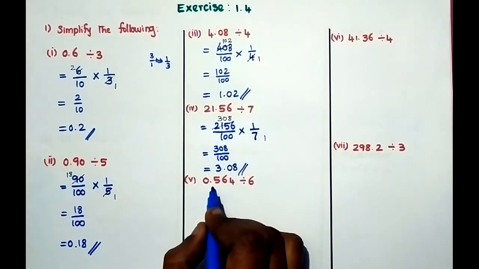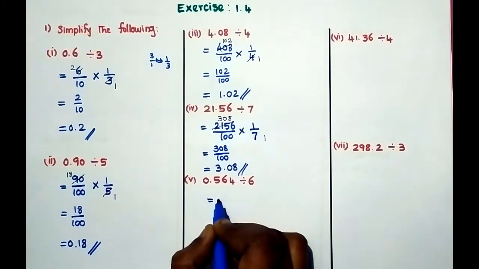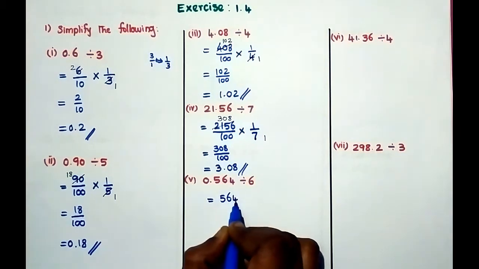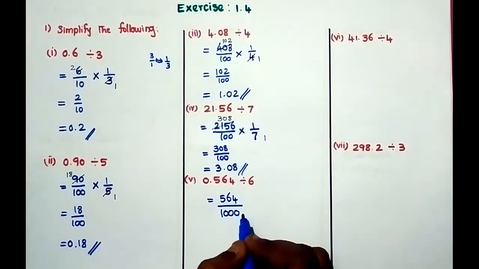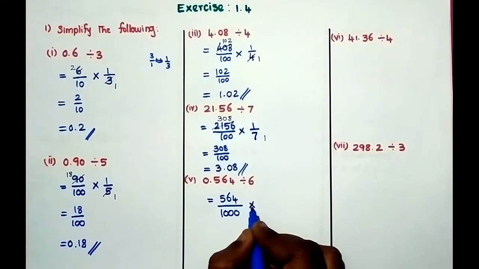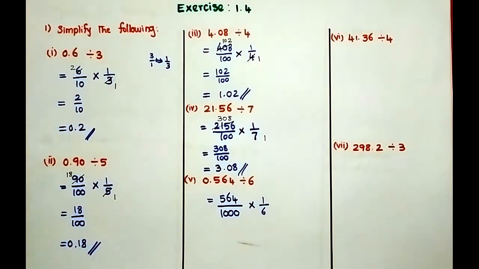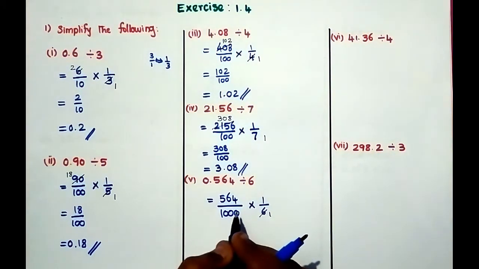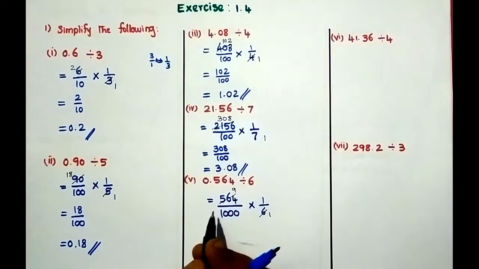Next one, 0.564 divided by 6. 564 divided by 1000, because after the decimal point 3 digits are there. Change into multiplication, which means take the reciprocal for that. 6 means we get 1 by 6. Now cancel these numbers. 6 1 is 6 and 9 6s are 54.